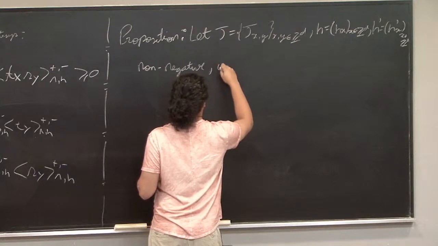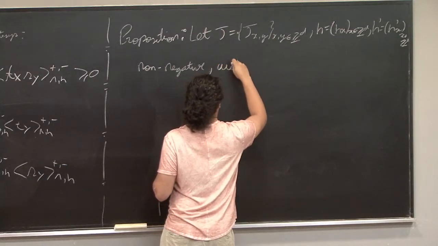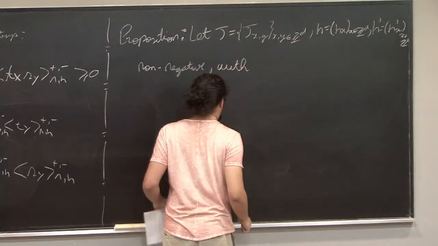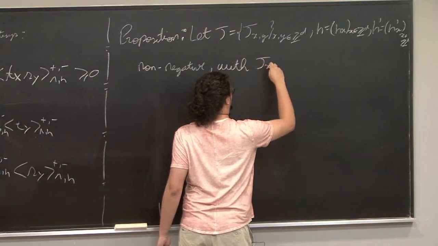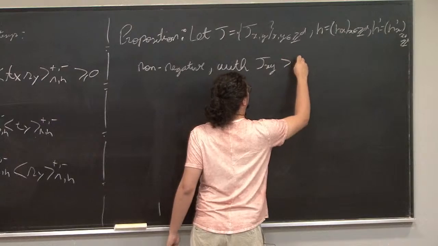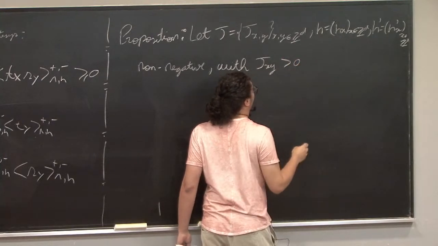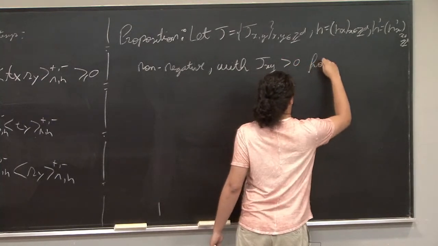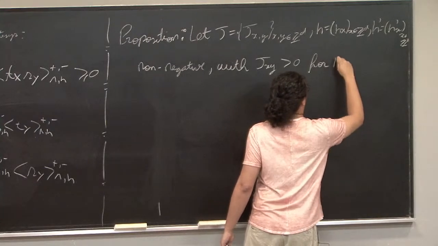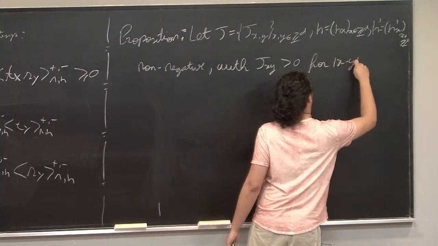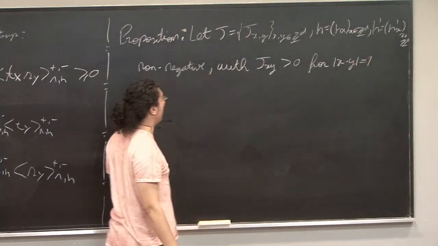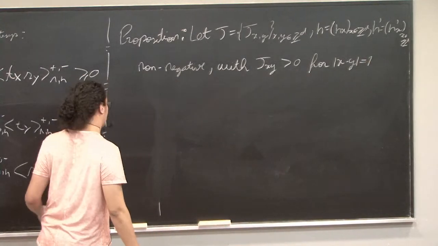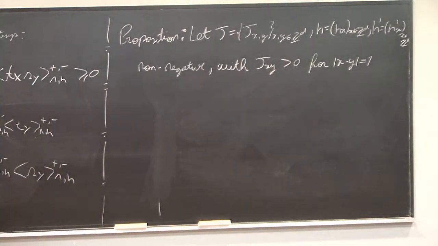And we have another assumption we need to make with J, X, and Y strictly positive for X and Y neighbors. Okay. This thing is new.